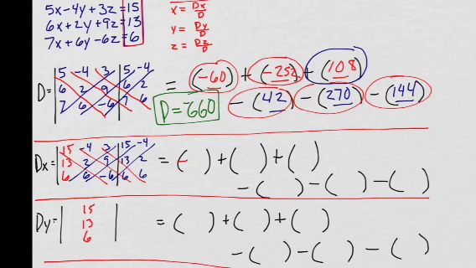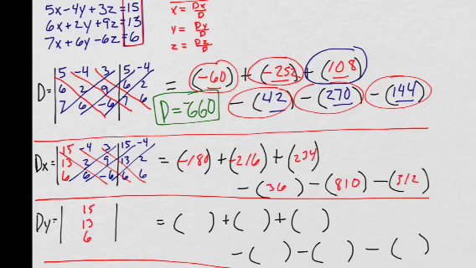15 times 2 times negative 6 is 180, and then I get negative 216, 234, minus the diagonals going up, 36, 8, 10, and 3, 12.